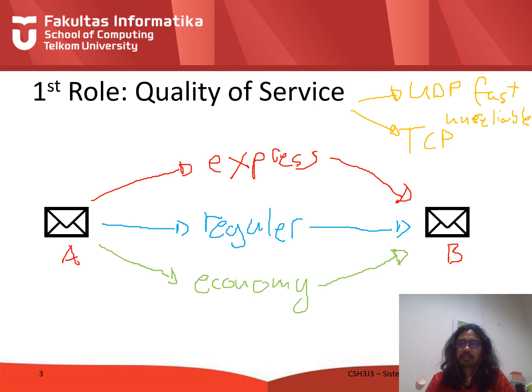TCP is slow but reliable. So each of them has their advantages. UDP is usually used for voice. TCP can be used for email.